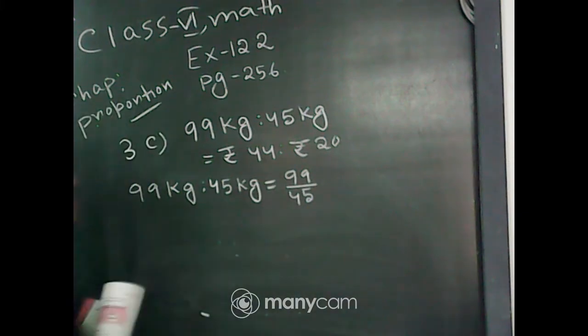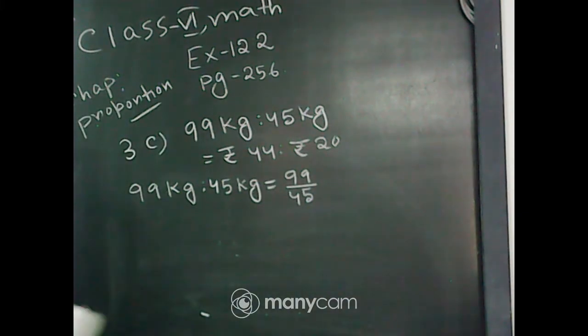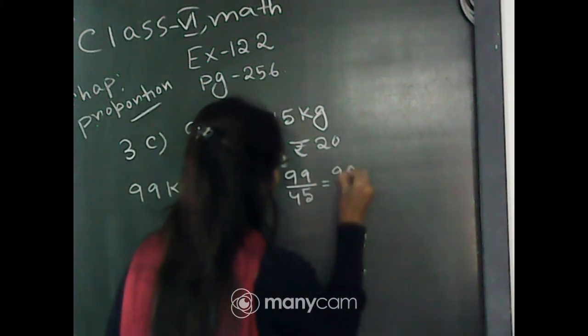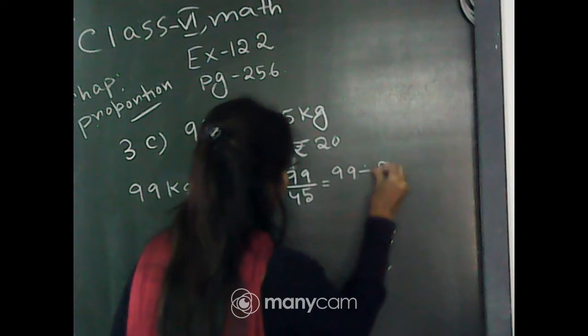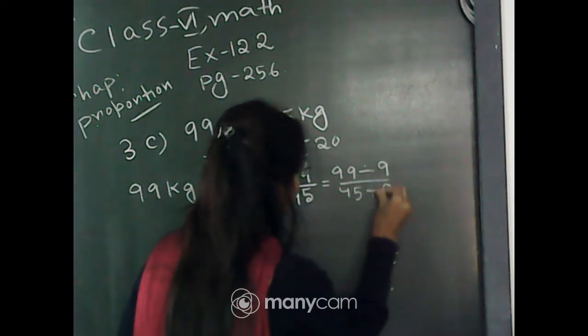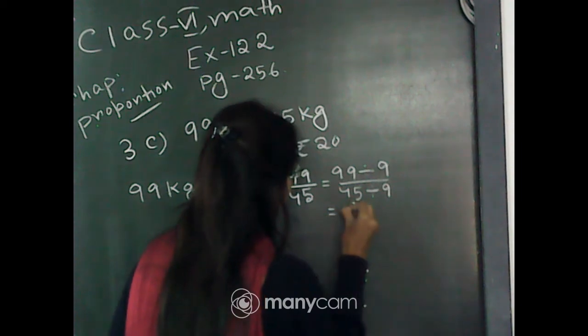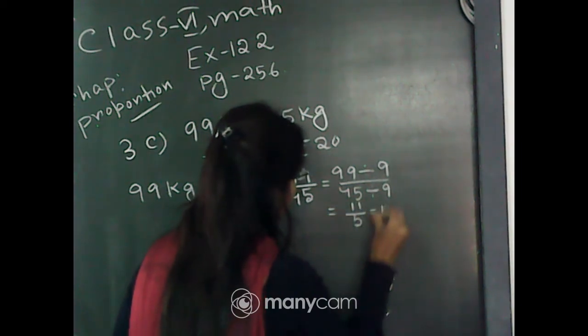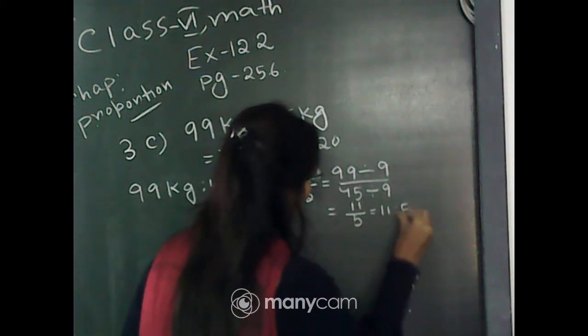Now, HCF of 99 and 45 is 9. Therefore, to get the simplest form, we divide both the numerator and the denominator by 9, and we get 11 divided by 5, that is 11 is to 5.